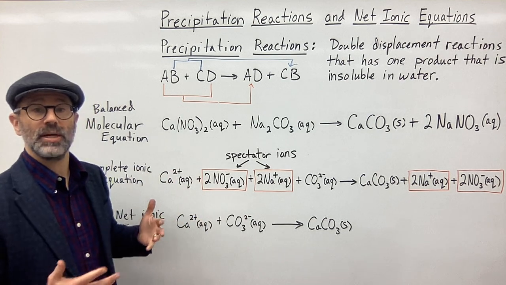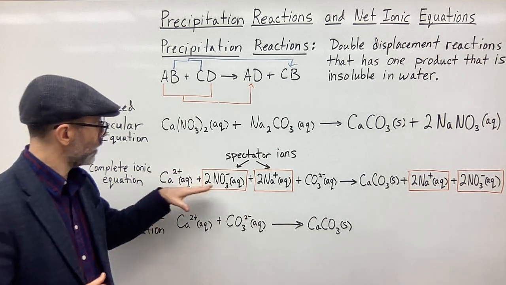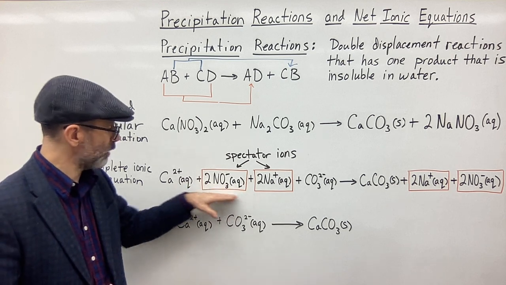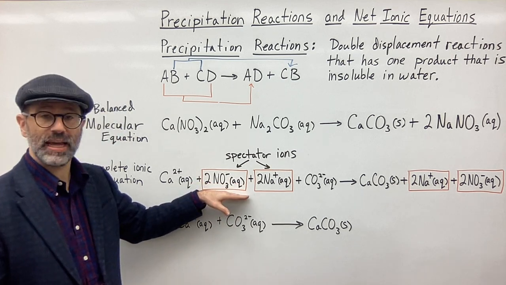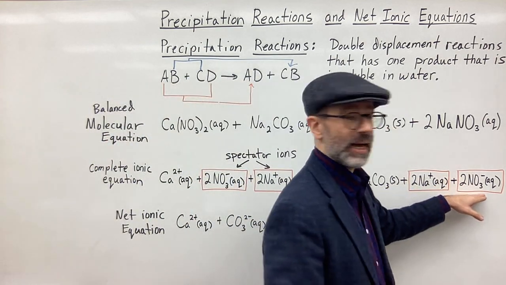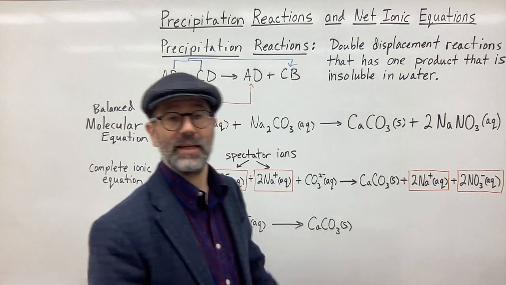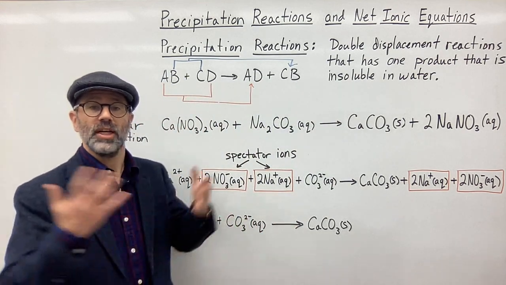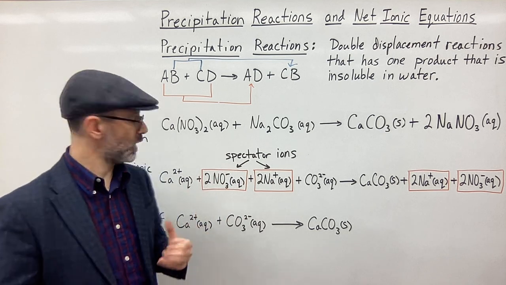They stay pretty much the same, right? So here I have 2 NO3- aqueous. I have two nitrate ions that are in the aqueous phase on this side, and I have two nitrate ions in the aqueous phase on this side. So they really haven't changed. They're still aqueous. They're still dissolved in water. They're still floating around doing nothing.